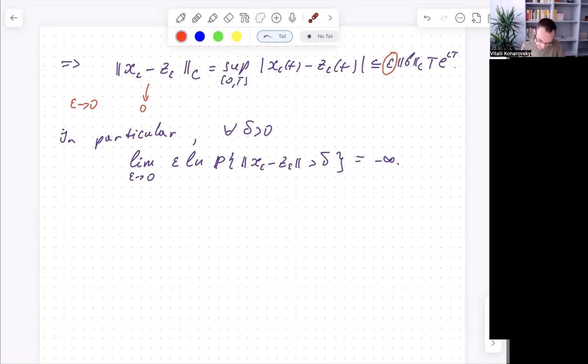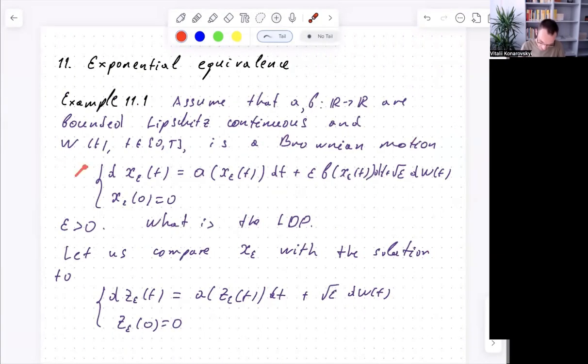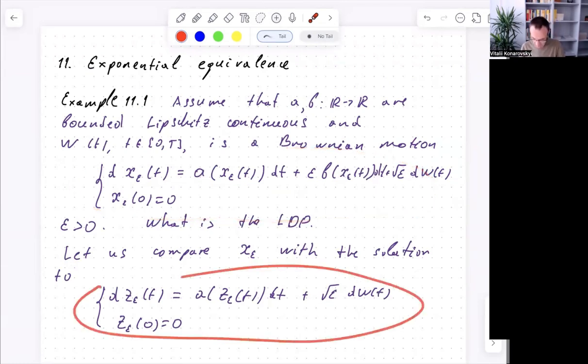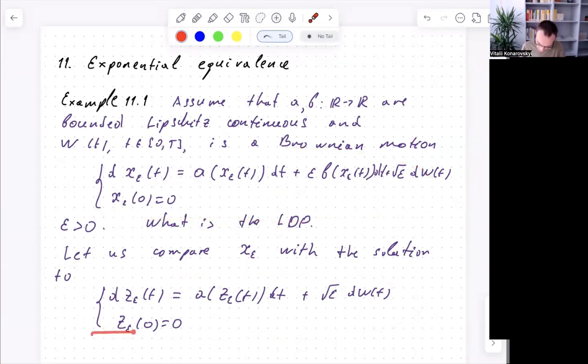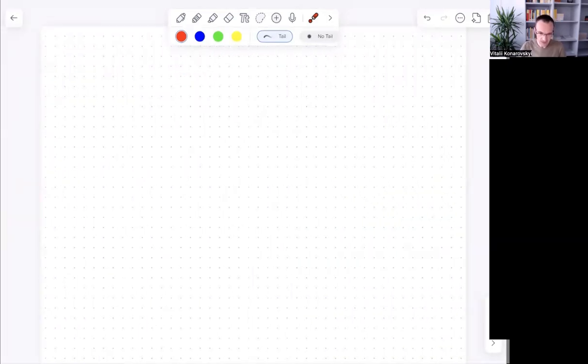We will see later that this new equation in terms of large deviation is not different from this equation, for which we know what the large deviation principle is, and therefore we can immediately conclude what the large deviation principle is for that family of equations.